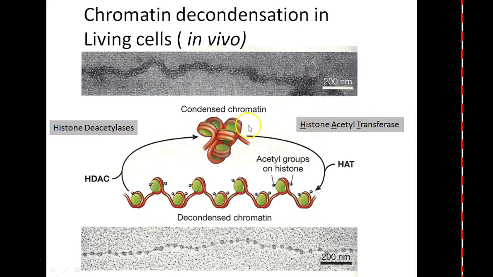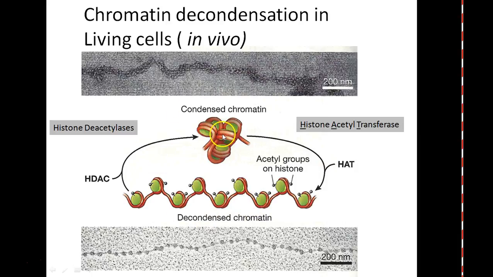And there are two very important groups of enzymes that are able to reorganize chromatin. We have histone acetyltransferases, or HATs, and those enzymes are able to put acetyl groups on histone tails. So this is the modification that will convert a condensed chromatin to more open decondensed chromatin.